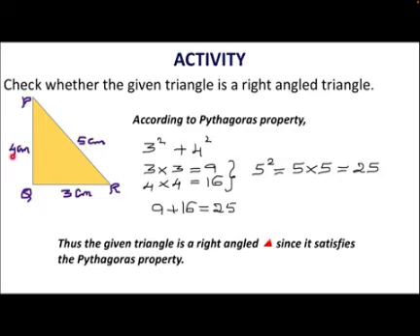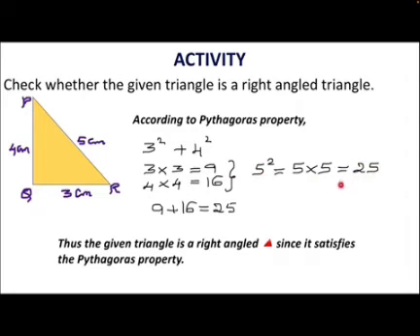How did we check? We checked if 5 into 5 is equal to 4 into 4 plus 3 into 3. That is 5 squared, 4 squared, 3 squared. We have squared the measurements. 3 squared is 3 into 3. 4 squared is 4 into 4.